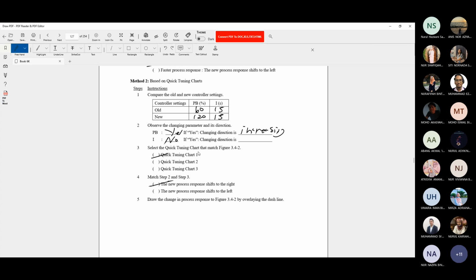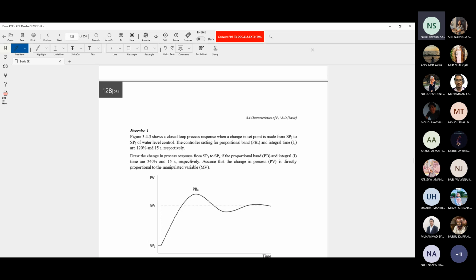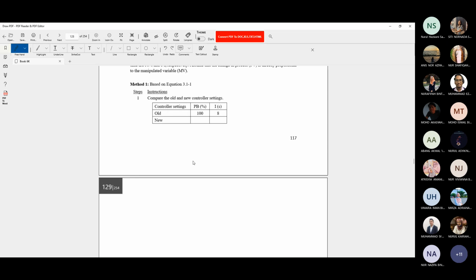Boleh faham? Boleh. Okay, good. Do you have any question? Tak ada, madam. I think if you don't have any question, maybe we can continue the integral and derivative part next week.